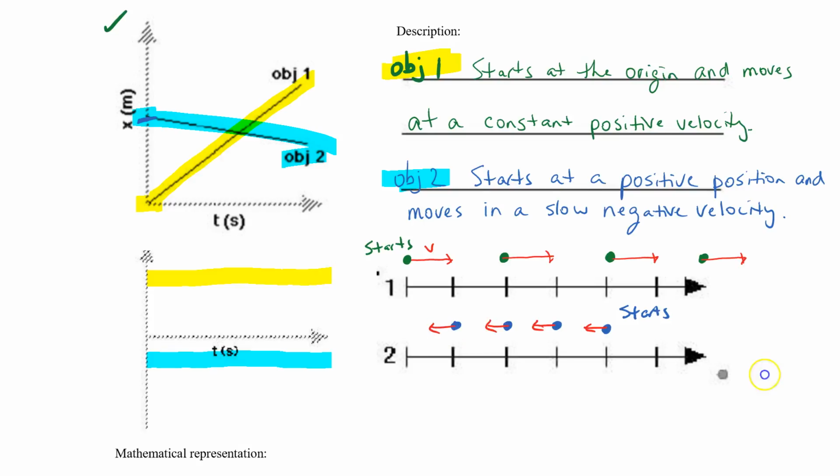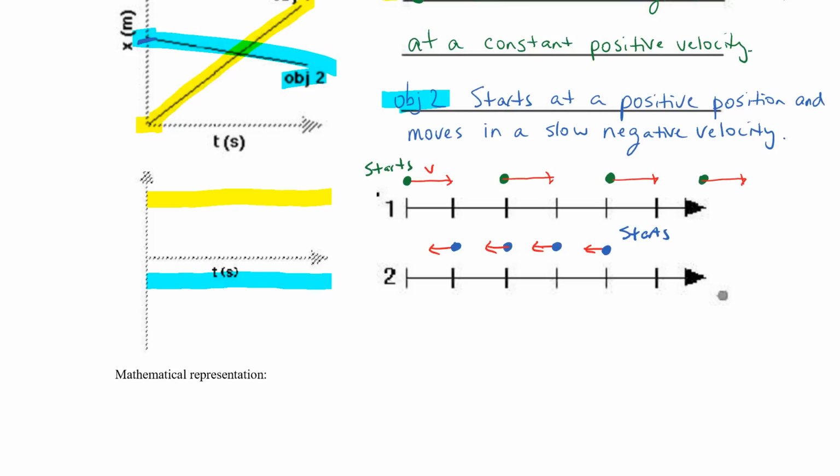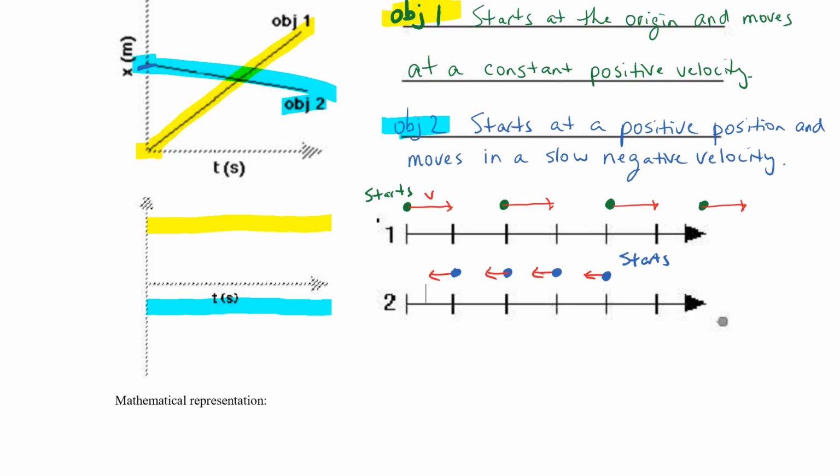For a mathematical representation, you know what, I'm gonna put some values in here. Let's say this position here was maybe 8, this position here maybe was 10, this position here is maybe about 6, and let's say 10 seconds went by.